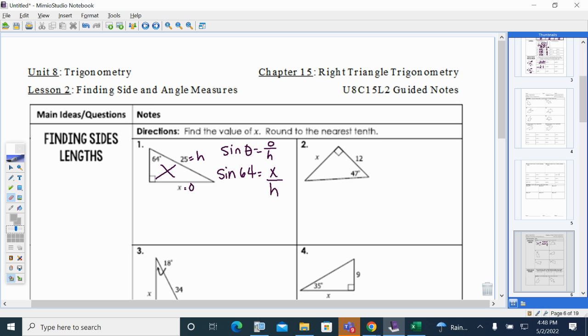Let me go ahead and put that 25 in there, just substituting the numbers that we know into that formula. Now you want to treat this like a proportion and use your cross products. So 1 times x is x, and we are going to multiply sine of 64 times 25.